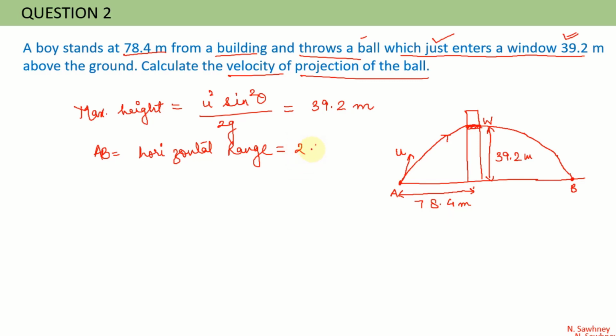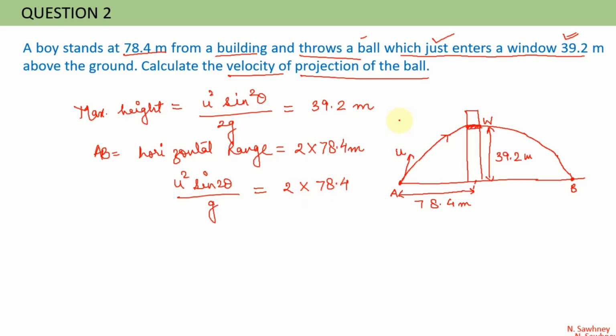So it will be equal to 2 into 78.4 meters. As this window is at the center, the ball will be covering AB distance to touch the ground. This horizontal range expression is u square sine 2 theta by g, which is equal to 2 into 78.4.